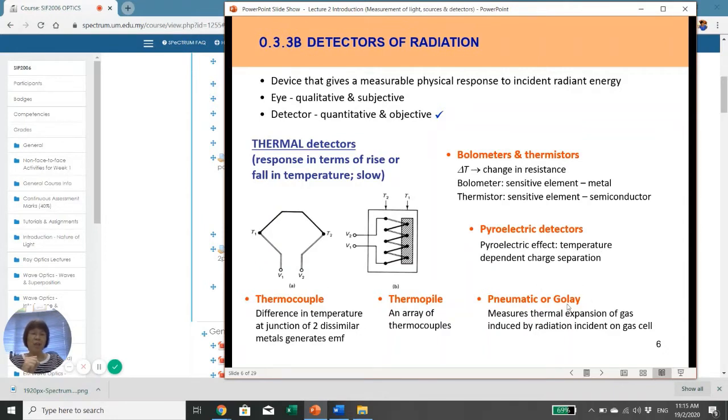And in pneumatic or Golay detectors, this will measure the thermal expansion of gas that's induced by the radiation incident onto the gas cell. So you can see that this would definitely slow down the response because it has to convert to a different means, to exhibit it in a different entity.